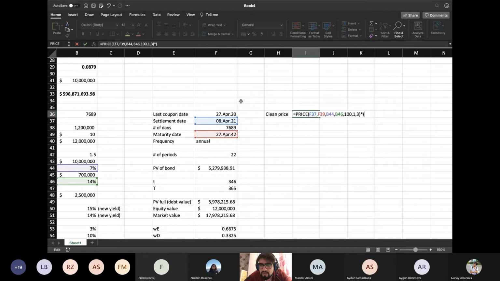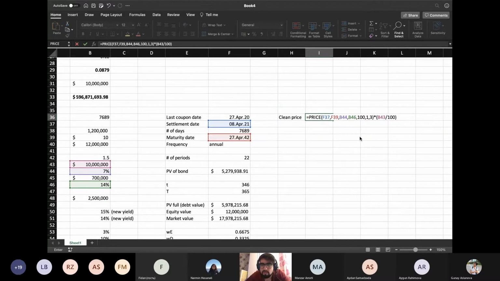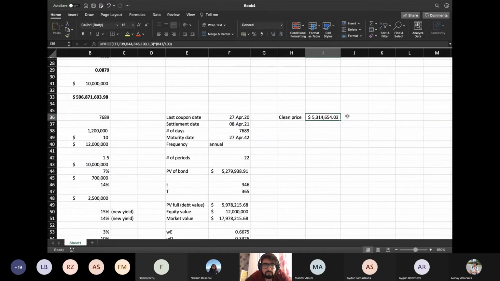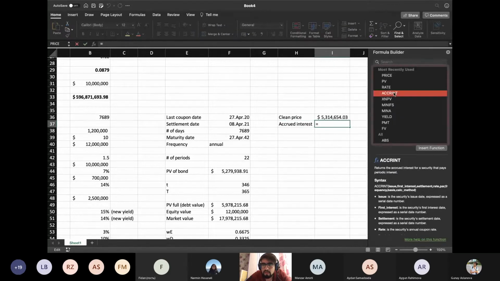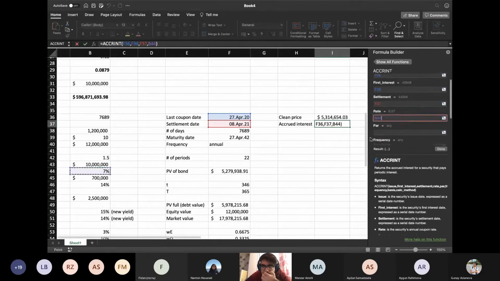over 100. Because we took 100 for the clean price, we must increase it to equal 10 million. Clean price. We have accrued interest, we have the accrued function, issue date. I said to you, take last coupon date and first interest date as issue, settlement 8 April, rate par.